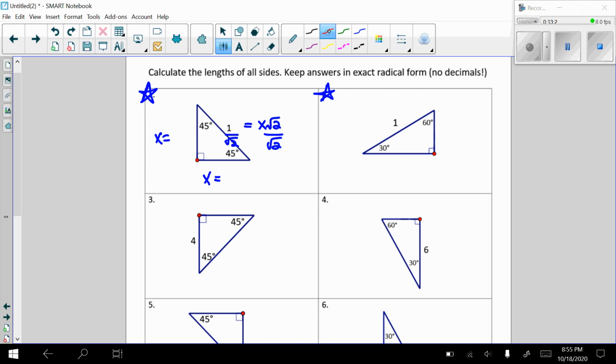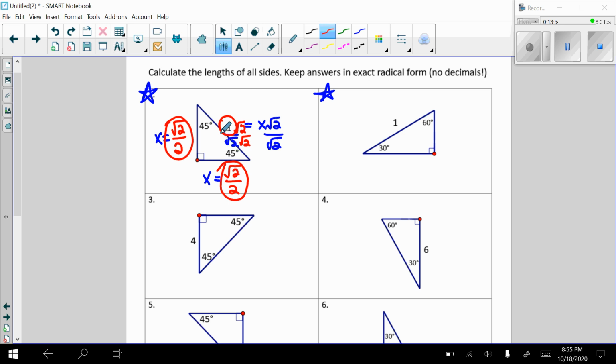We're not allowed to keep that radical in that denominator, so we will rationalize it by multiplying by root 2 over root 2, which gives us root 2 over 2. And this side also will be root 2 over 2. So those are the lengths I need you to know. I need you to know root 2 over 2, root 2 over 2, 1. Okay, you're going to memorize those.